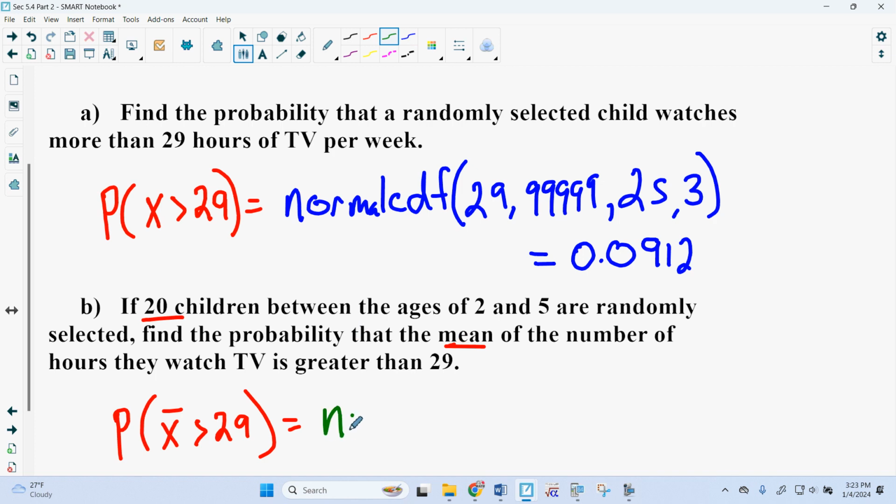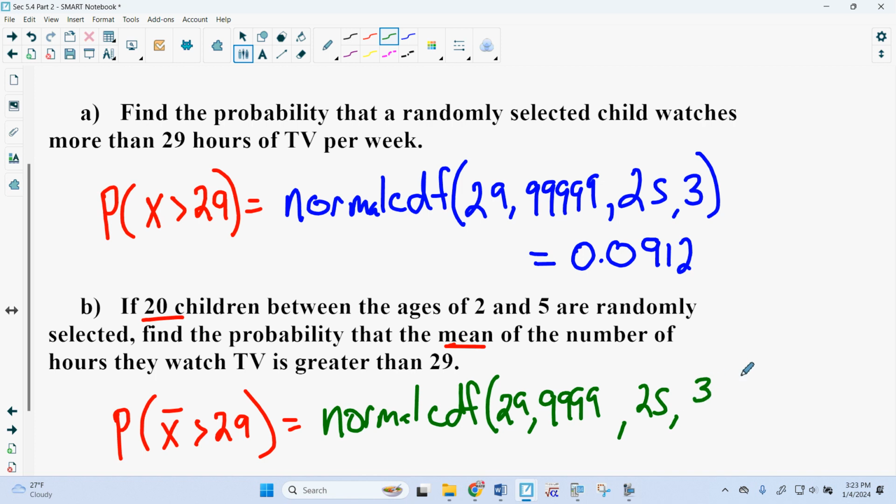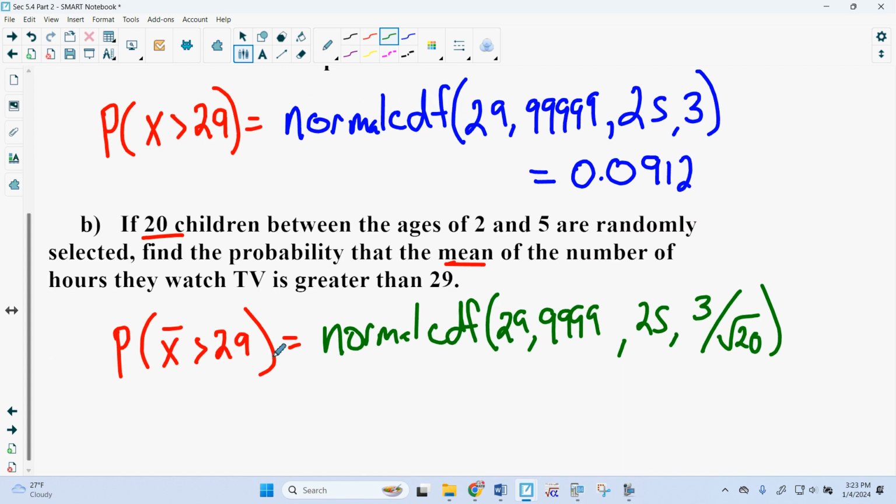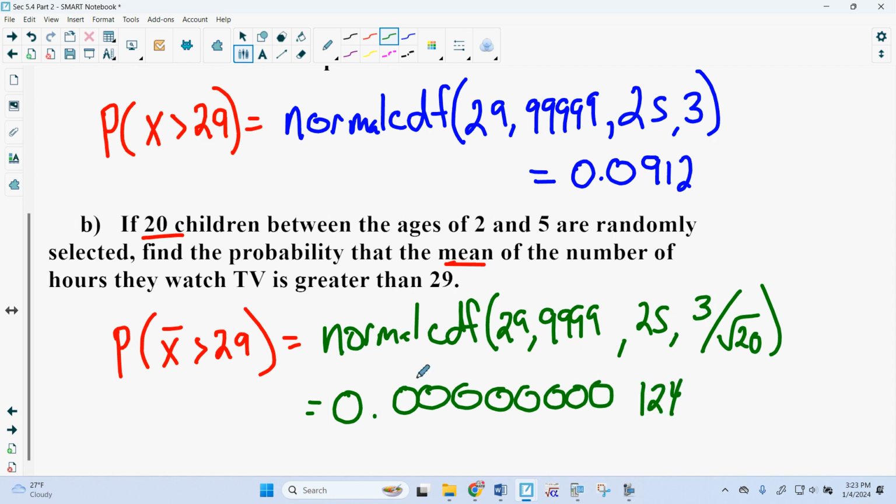And then if we do this for our sampling distribution, almost the same thing. 29, 999, 25, and now we have 3 divided by the square root of 20, but we get a very different answer. We get 0.04. Very, very small number.